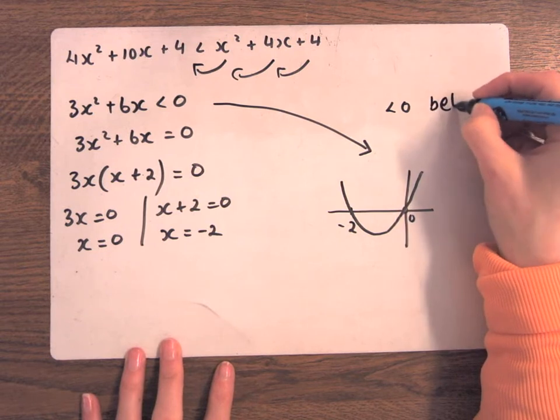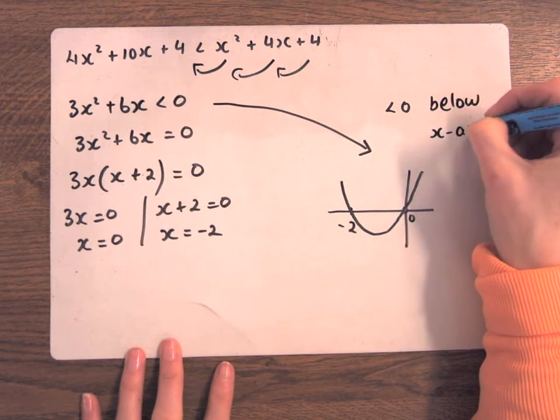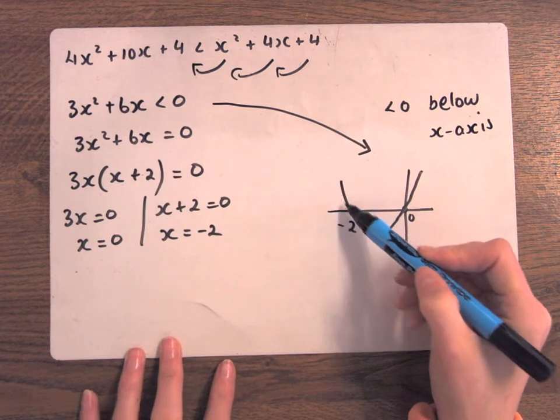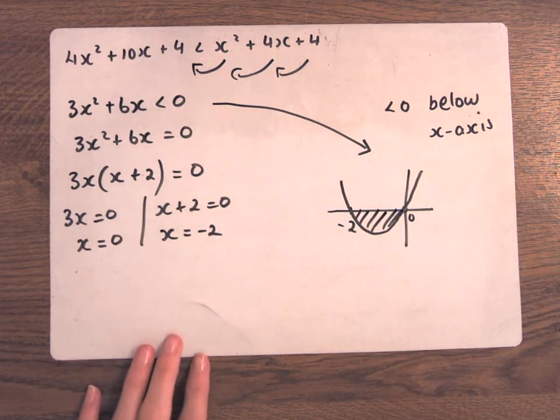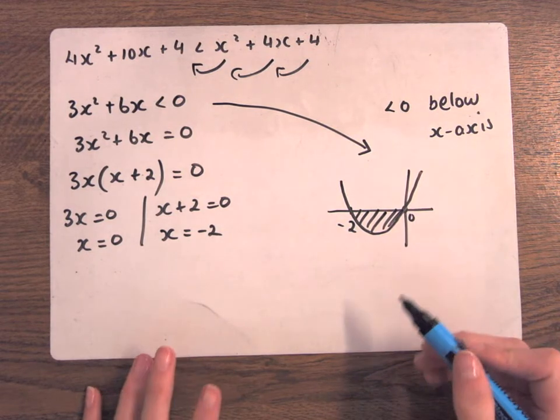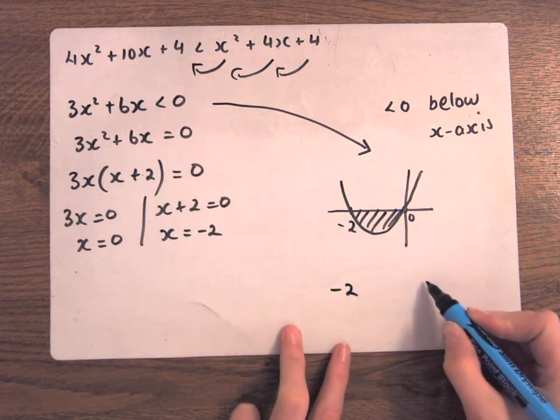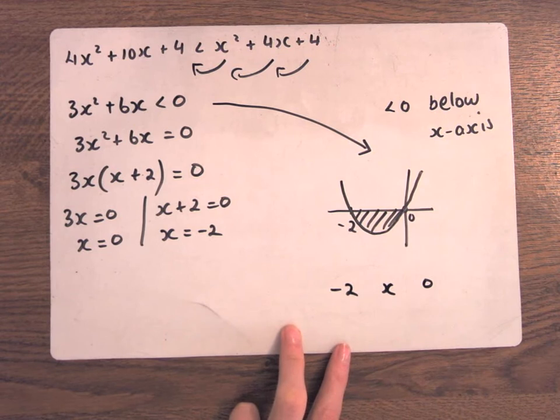Below. Lovely. Below the x-axis. Below, below, below. What numbers am I going from? Minus 2 to 0, and the x is in between.